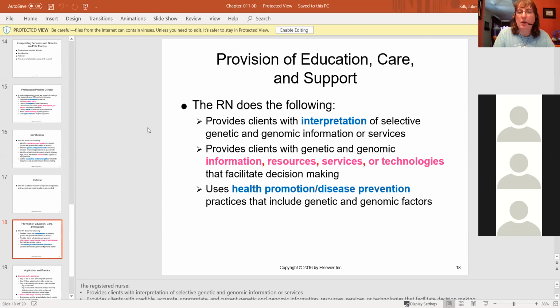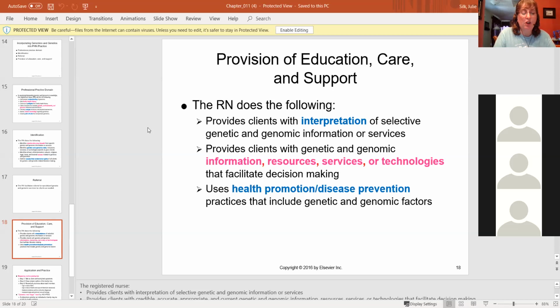Okay, so then this talks about provision of education, care, and support. The registered nurse should be able to provide clients with interpretation of selective genetic and genomic information or services. They should be able to provide clients with credible, accurate, appropriate, and current genetic and genomic information, resources, services, or technologies that facilitate their decision making.